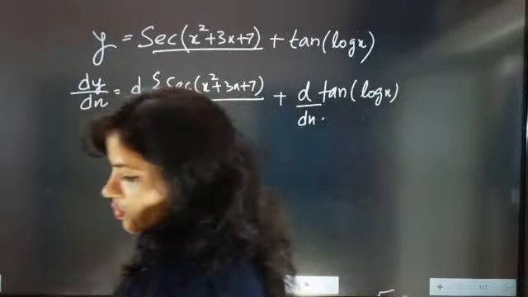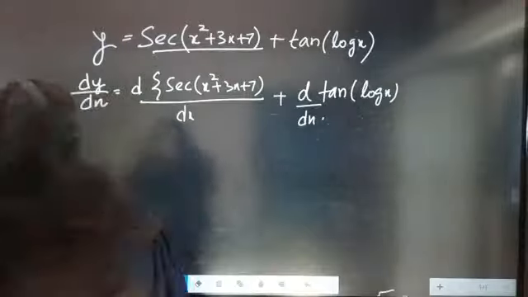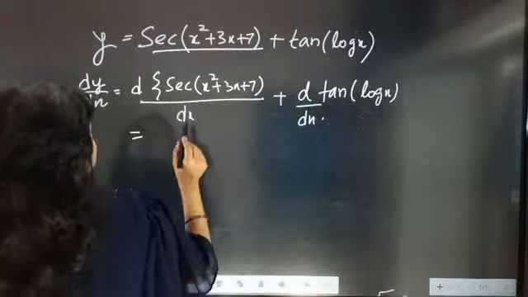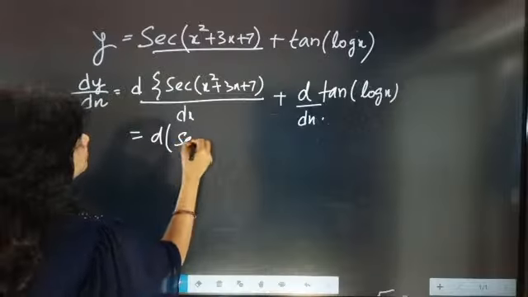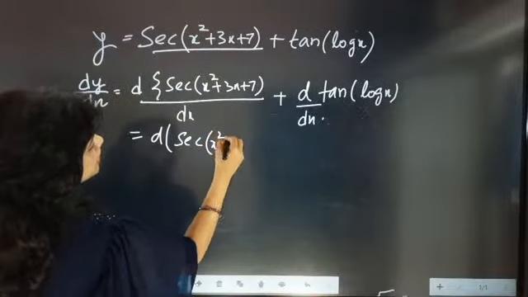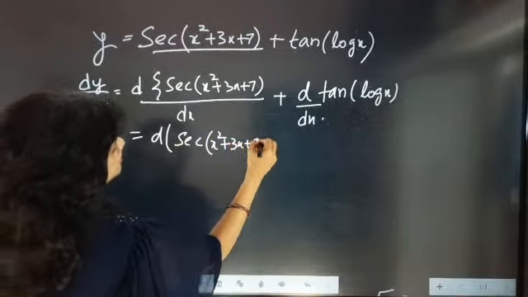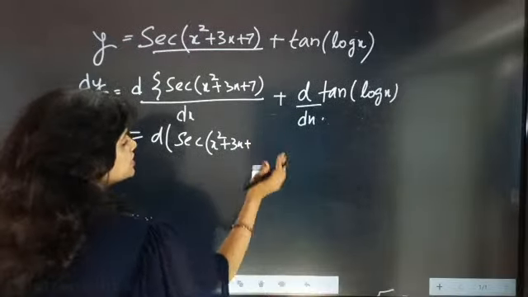One simple thing we have to do here is first differentiate with respect to this one, secant of x square plus 3x plus 7. So what exactly is inside secant?